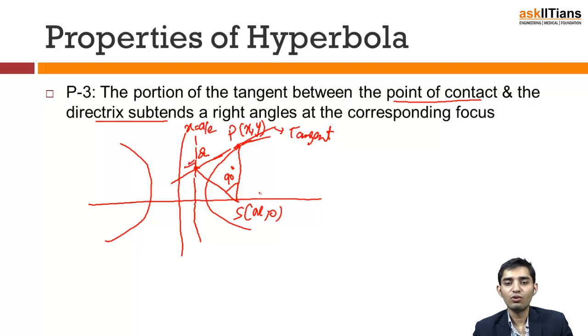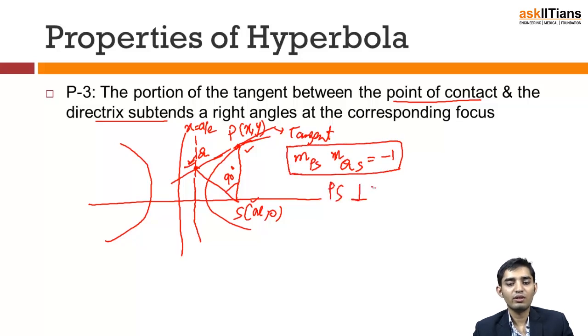So you will get point Q. Now once you have point Q, point P, and point S, you can find the slope of PS and multiply it with the slope of QS, and this will come equal to -1. If the product of the slopes of PS and QS is -1, PS will be perpendicular to QS. Right, and if PS is perpendicular to QS, the angle between them will be 90 degrees. Okay, so this is the third property that we have.